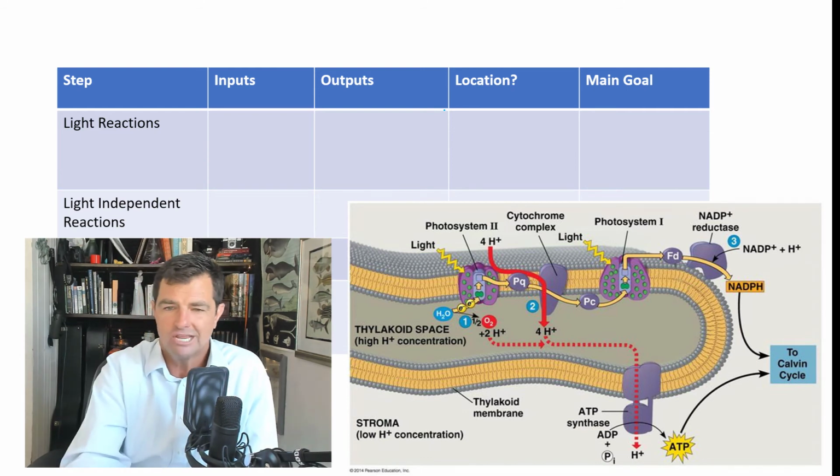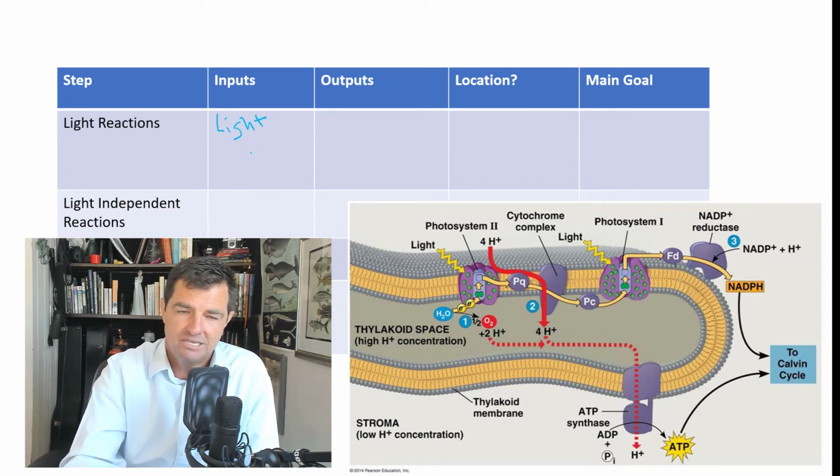So what are our inputs for the light reactions? Well, the first input that should be obvious is we have light coming in, and we have water coming in. So those are our first 2 key points there. And what comes out of that? Well, O2 is going to come out of that when we split the water.